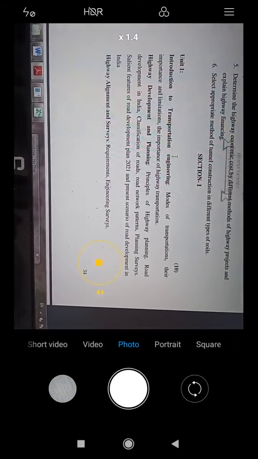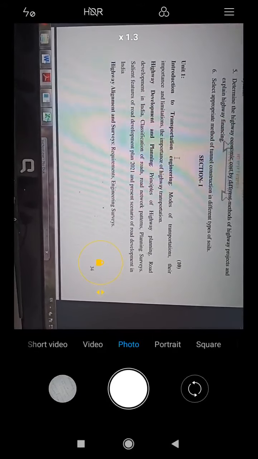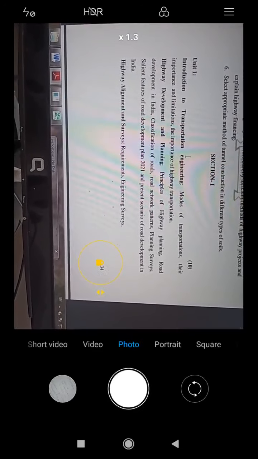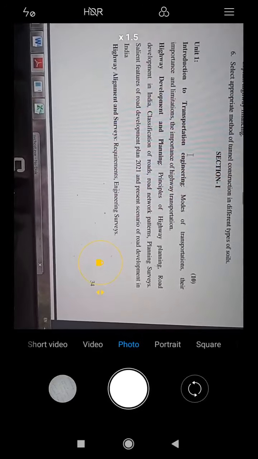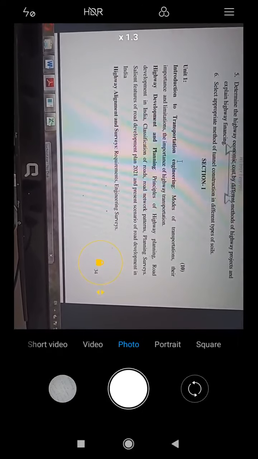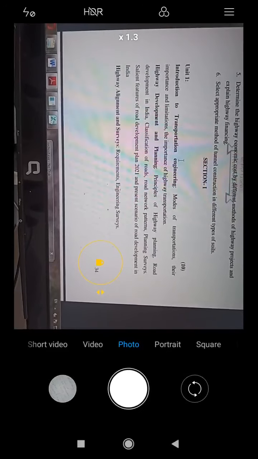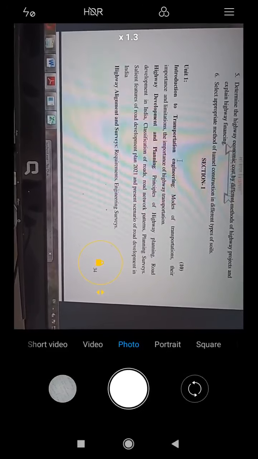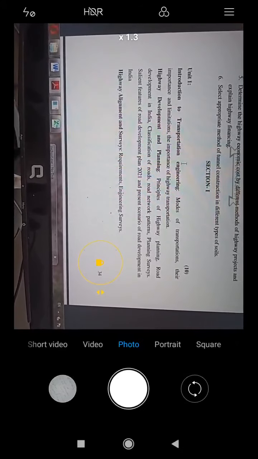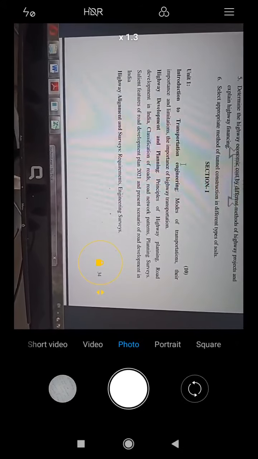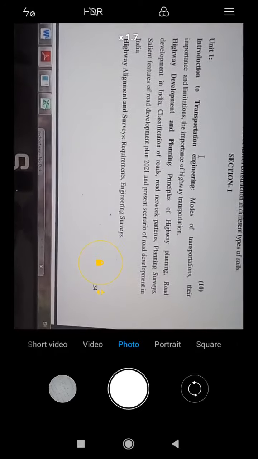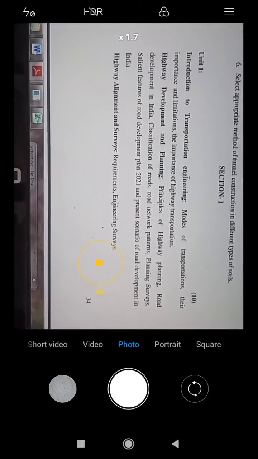Then highway development and planning: principles of highway planning, road development in India, classification of roads, network patterns, planning surveys, salient features of the road development plan 2021 and the present scenario of road development in India. Then the alignment of highway, highway alignment surveys, requirements, and engineering survey. So these are the introduction part of unit number first.